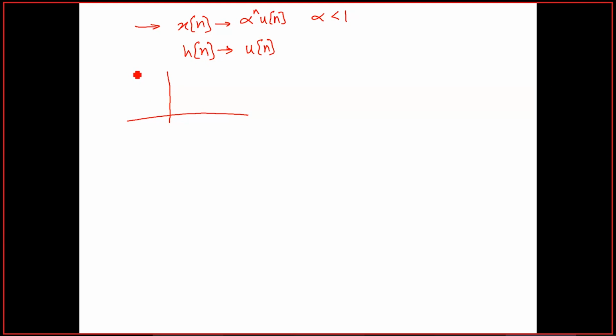So how does that look? So x of n, if you have this alpha raised to power of n u of n. Now first let's take this example where alpha is less than 1. It can be anything. Let's say it is 0.5 or any decimal value. Less than 1 means a decimal value, if its magnitude is a decimal.